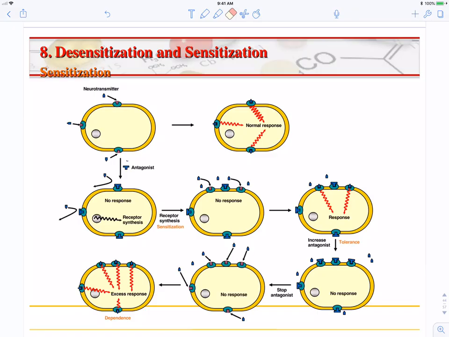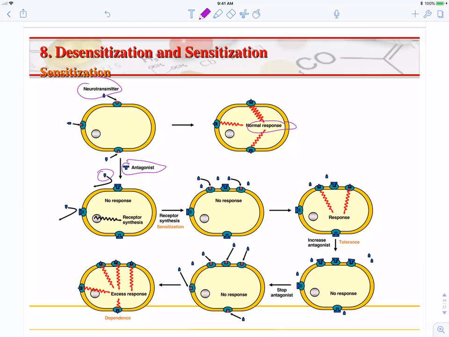For example, if we have a receptor that interacts with the neurotransmitter here, normally we'll have the response elicited by binding to the receptor. In the presence of an antagonist, no response is possible because the natural ligand cannot bind to the receptor anymore.